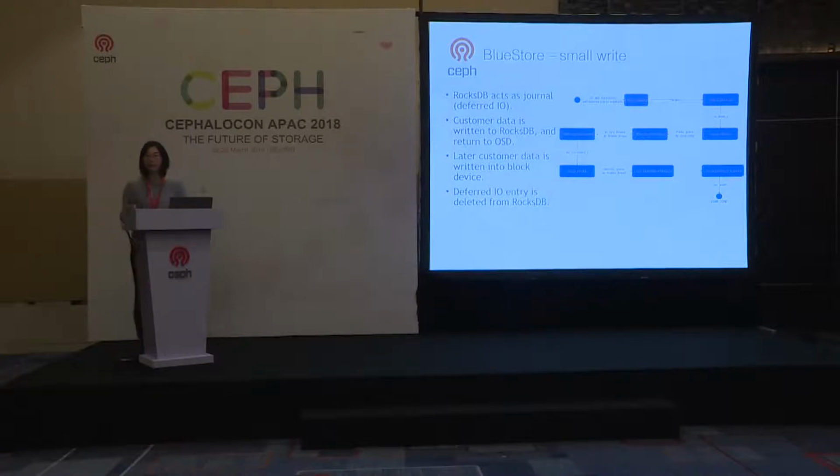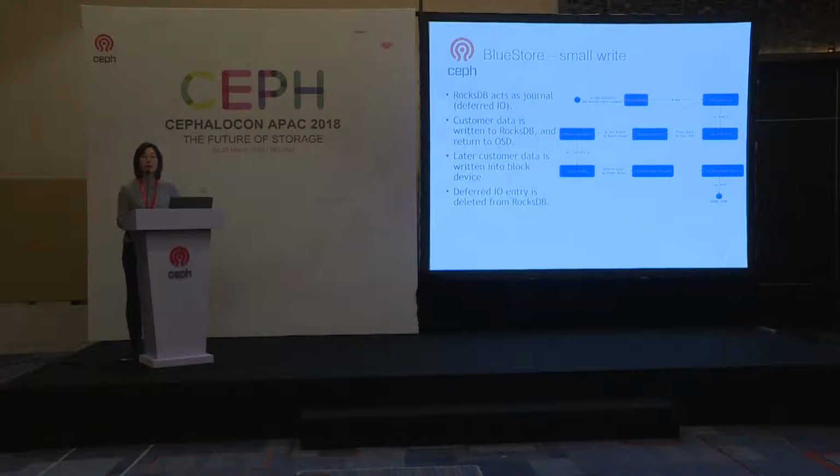This talk will focus on the random write process because its performance may need to be improved. As we know, in BlueStore the disk is allocated in a minimum allocation unit.